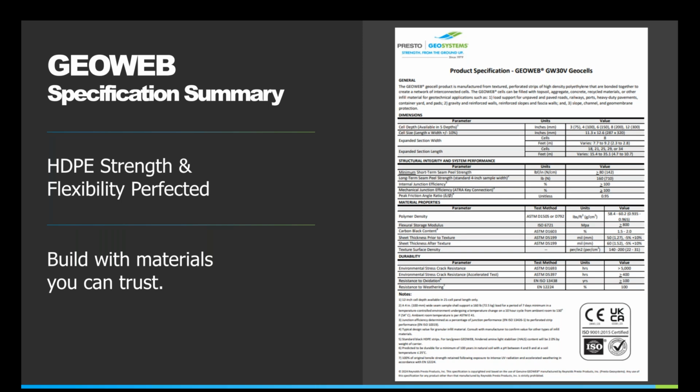But the GeoWeb system is, as I mentioned, manufactured with that high density polyethylene, no fillers, no polymer alloys, nothing unstable about it. It is going to retain its durability, with lab testing indicating greater than 150 years. We haven't reached that mark yet. We've only been working since the 1970s, but we are well on our way. And that is even at full exposure to the elements.